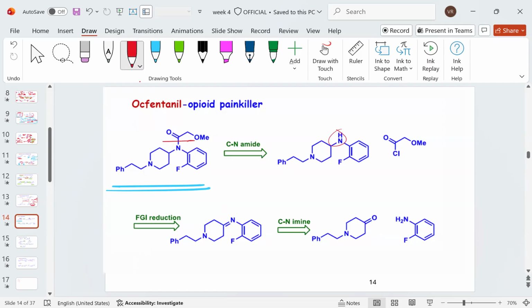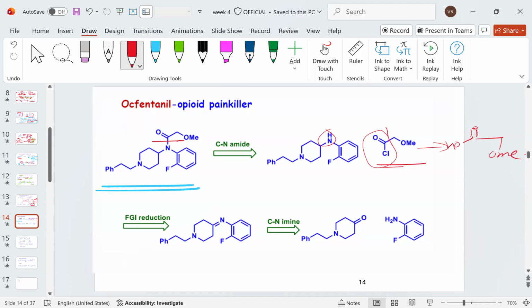The other part, this one can be a chloro substrate, and this can be achieved from the acid, CH2 acid, right? So it has a further electrophile starting material that is stable, because acyl chlorides are generally not so stable. So we can do the synthesis of this acyl chloride from these acids as well.